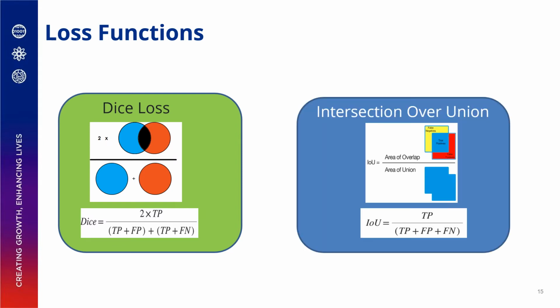Another one is intersection over union, and we've already talked about these. These are usually used for balanced data sets that have reasonable enough foreground and background.